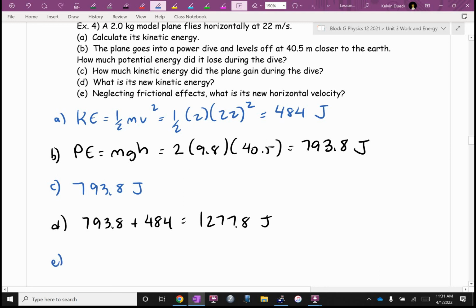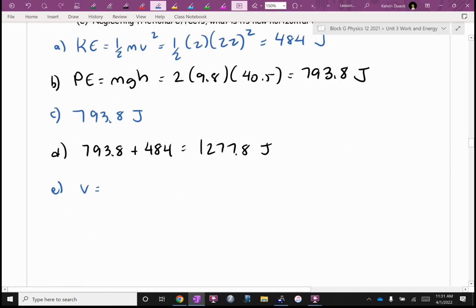Can you look at the kinetic energy equation and get the V by itself for me, please? I'll give you a hint. V equals... V equals the square root of KE over M, 2 M squares. So, ready? Look up.